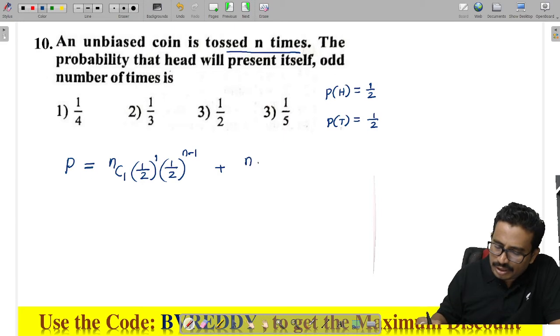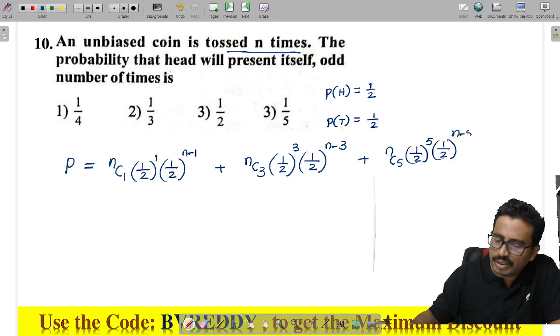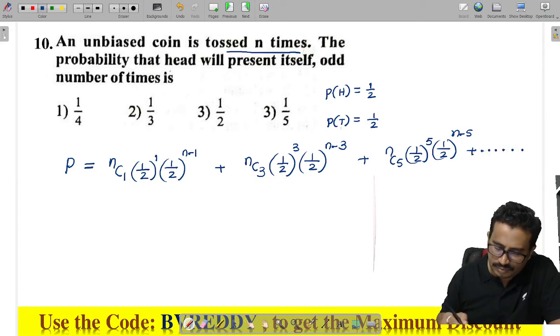Next I need nC3, the third time, that is 1 by 2 to the power 3 and 1 by 2 to the power n minus 3. Next the fifth time, that is 1 by 2 to the power 5 and 1 by 2 to the power n minus 5. Like that it will come.